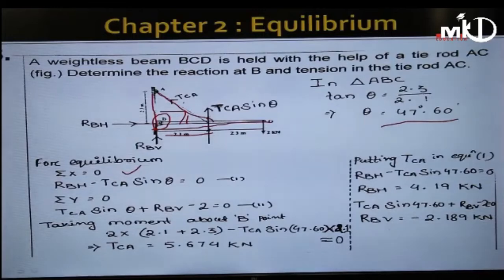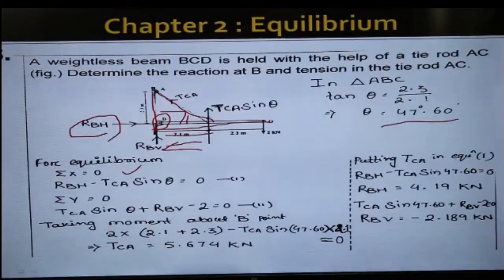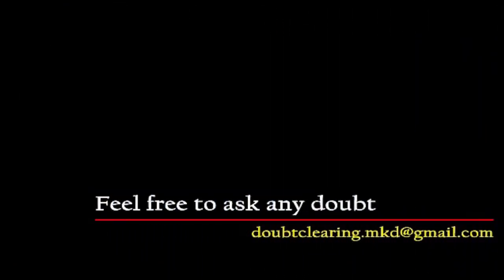So now we have both components of TCA. One will be TCA cos theta, which will be acting towards left, and another horizontal force is RBH, which is acting towards right. So RBH is positive, RBH minus TCA sin theta equal to 0. This is equation 1.